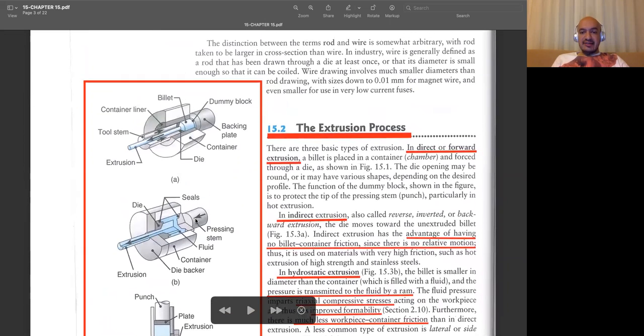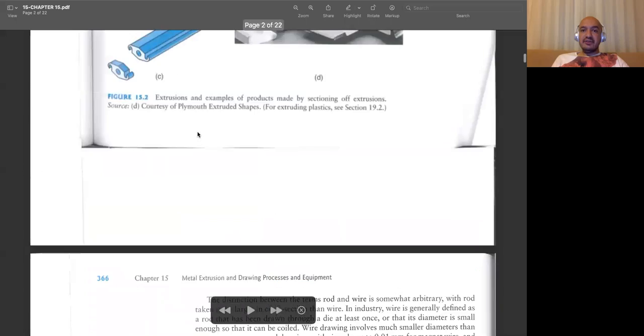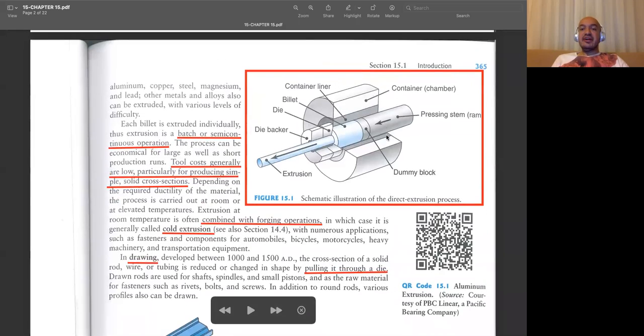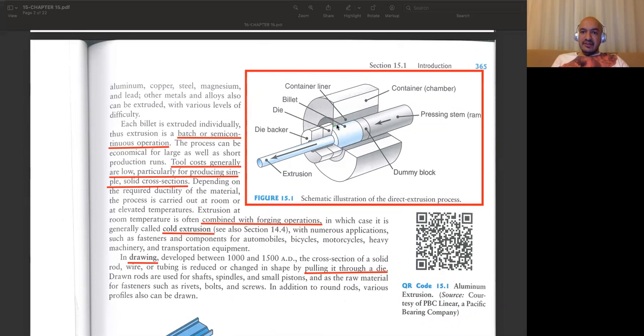Now let's have a look at the indirect one. So I think it's better I first discuss the friction issue in direct extrusion. Now you can see that. Let me annotate this part. While we are pushing this workpiece here, we always have friction on these walls. See?